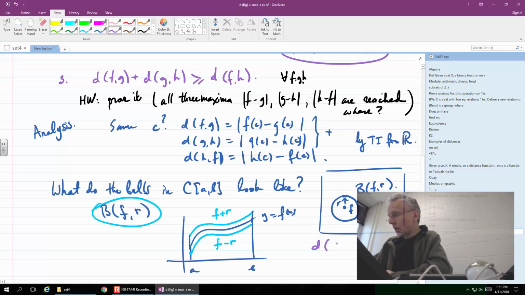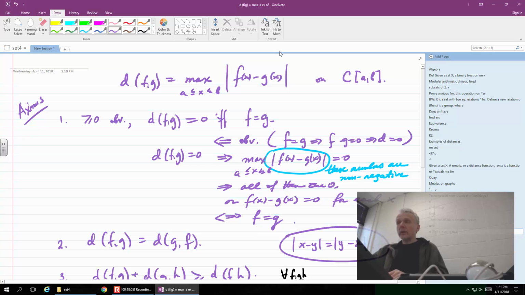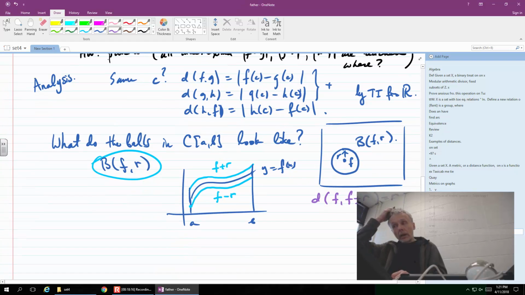So the distance between f and f plus R is equal to R, plus or minus, in fact. It's just a shift, because the difference between these two functions is exactly R. You don't even have to take maximum or minimum. Just plug it into my formula: if g happens to be f minus R or f plus R, the whole thing will be equal to R. So the distance is R.